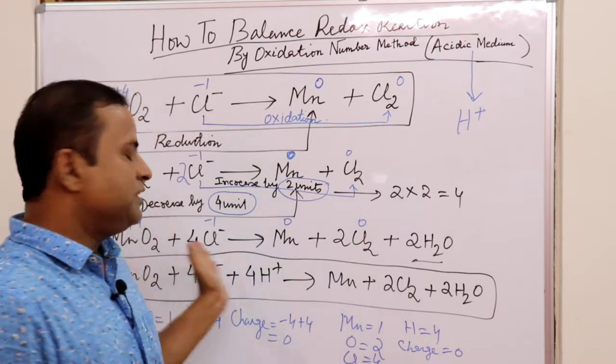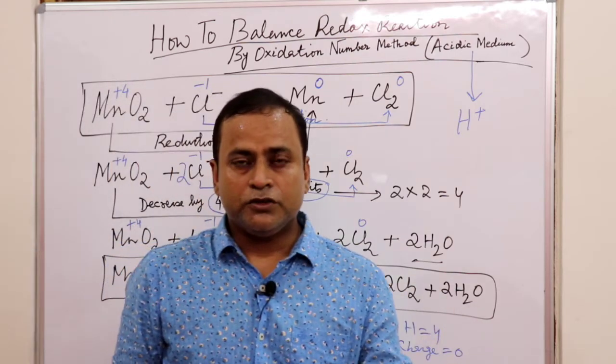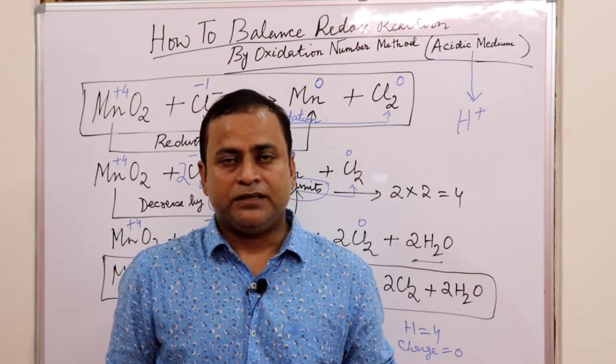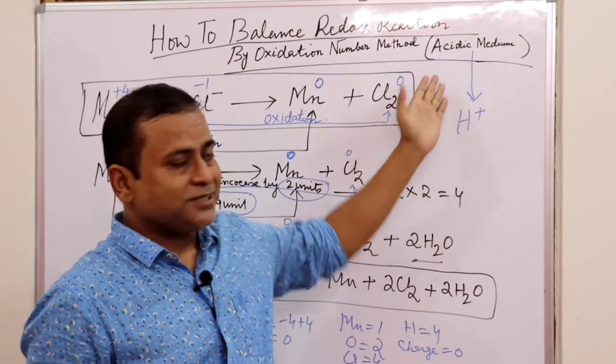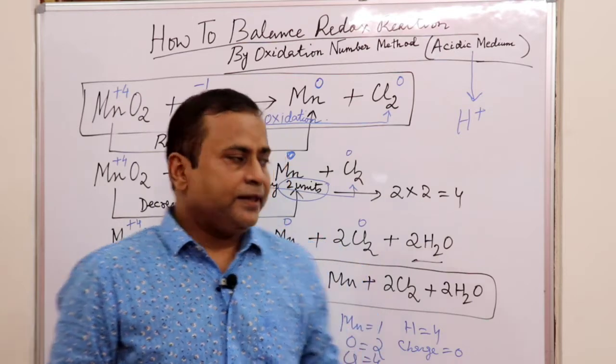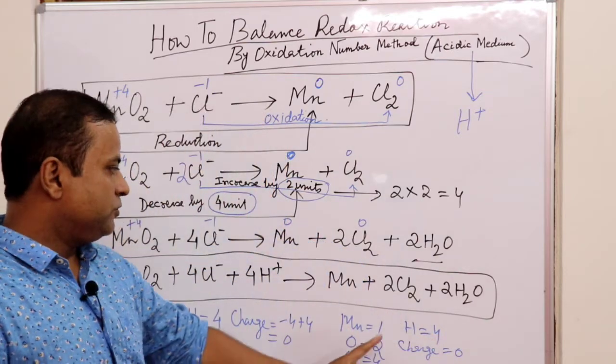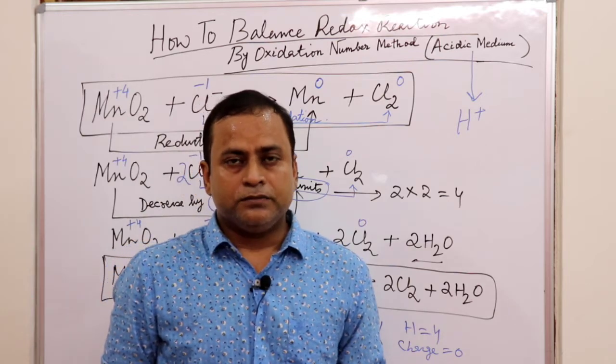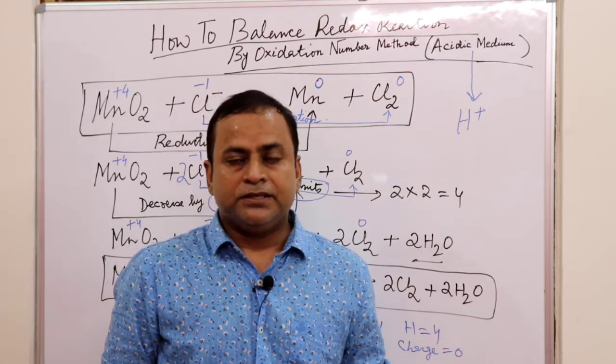After that, balance the oxygen atoms by adding water molecules, and finally balance hydrogen atoms by adding H plus ions because it is in acidic medium, and then check whether the whole equation is balanced or not. So in this way we can balance the redox reaction.